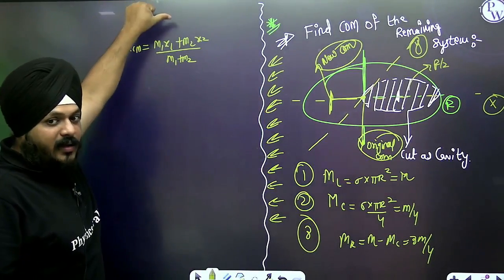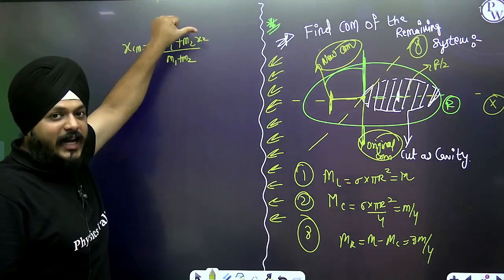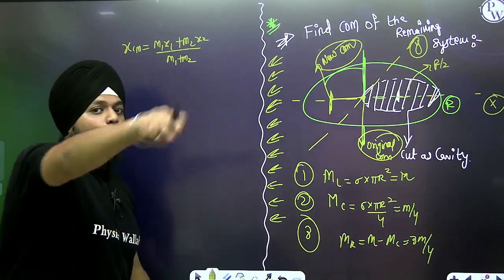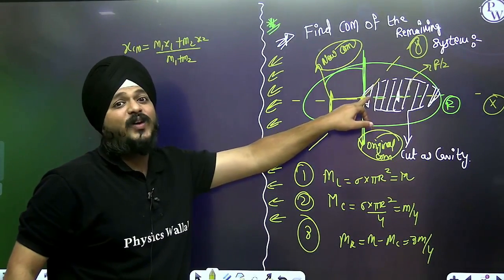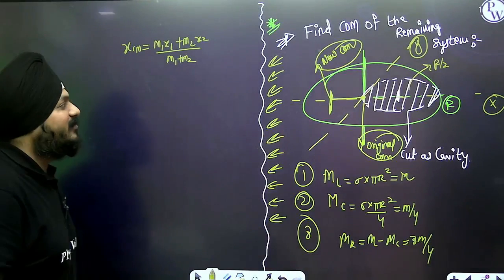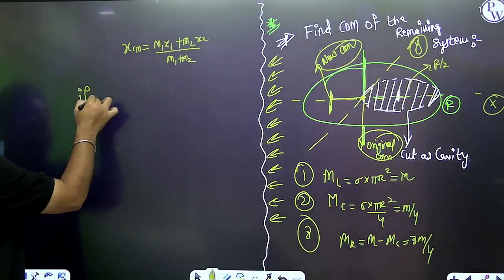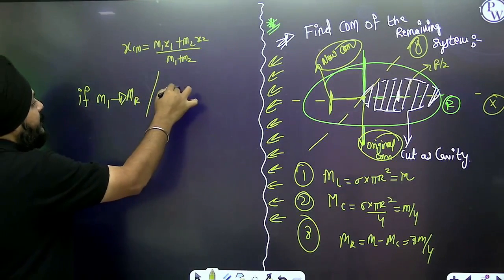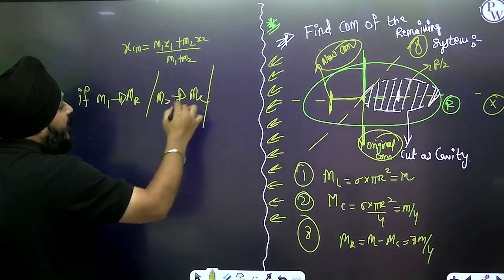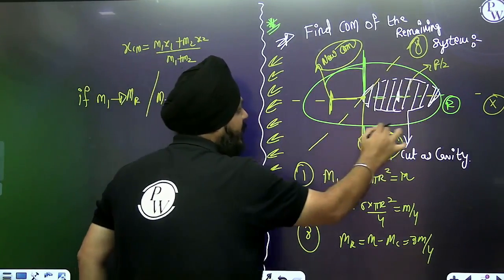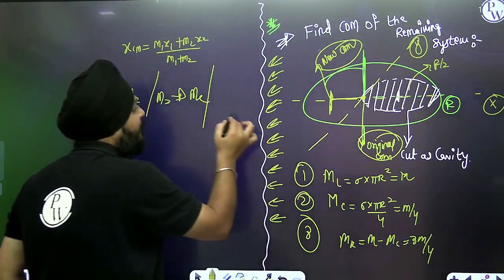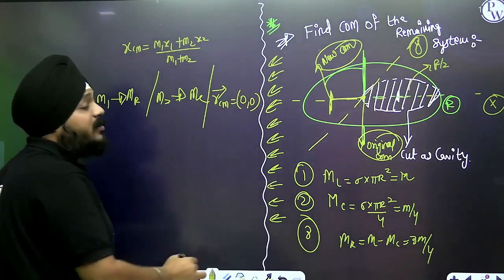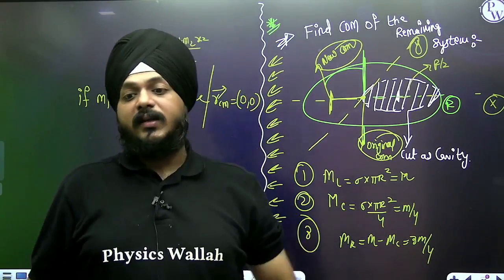M1 as remaining, M2 as cavity, both combined form the whole system, and for the whole system the center of mass comes at the origin, at 0, 0. This will ease your calculation, guys.